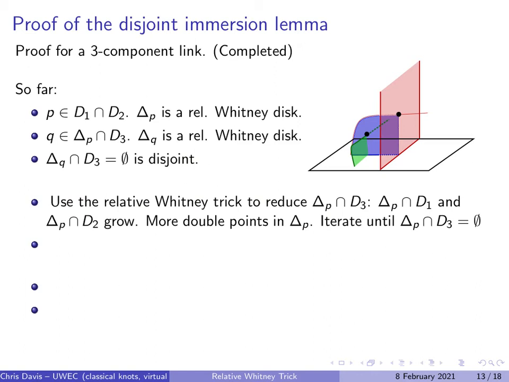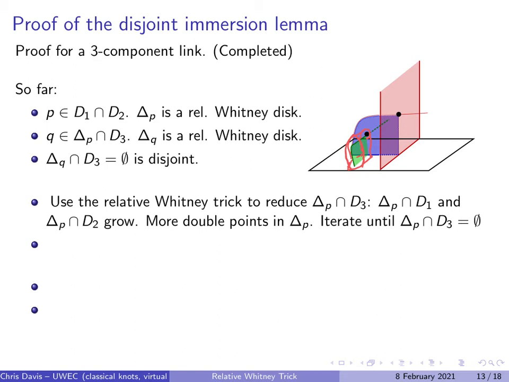So first, use the relative Whitney trick to reduce delta P intersect D3 by 1. That is, I want to remove this point of intersection. How do I do that? Well, I find a little neighborhood of that green disk, and I change the blue disk by pushing over that neighborhood.